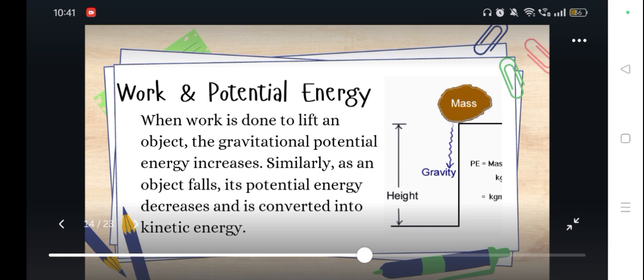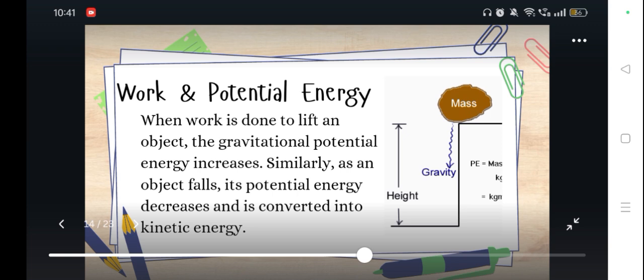Specifically in this type of example, when work is done to lift an object, the gravitational potential energy increases. Similarly, as an object falls, its potential energy decreases and is then converted to kinetic energy.